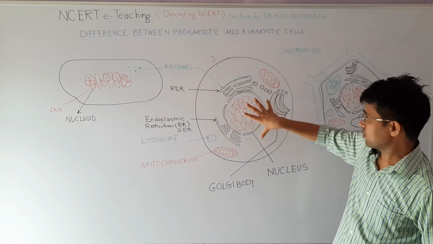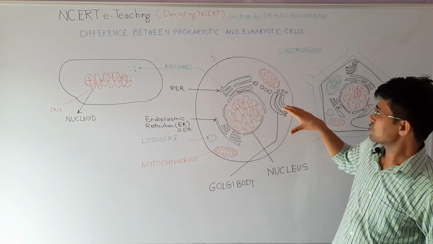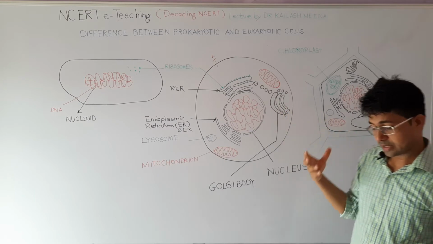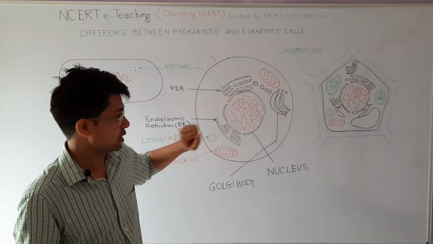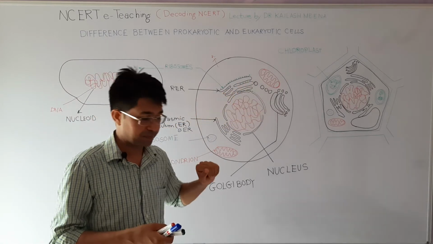And they of course have a nucleus for controlling cell's activities. So there is a Golgi body for sorting out things, and many more. There are so many cell organelles, but I am showing here only major cell organelles. So each cell organelle has its own function.